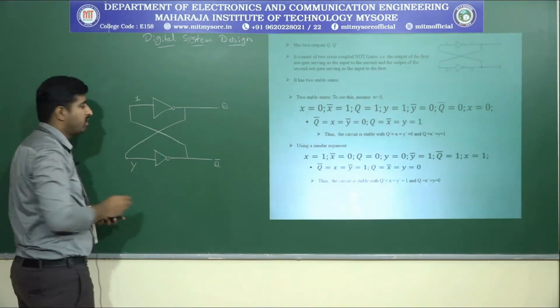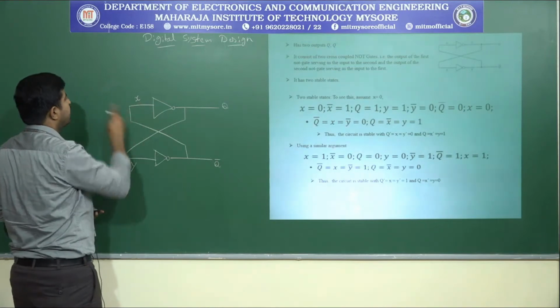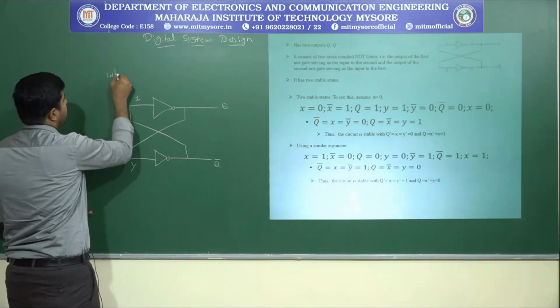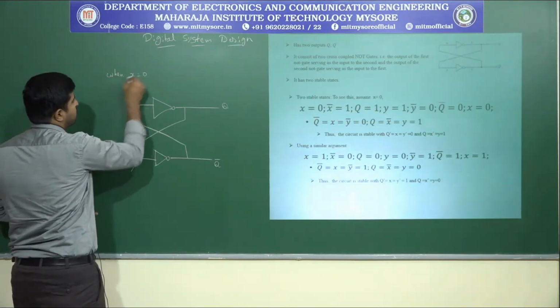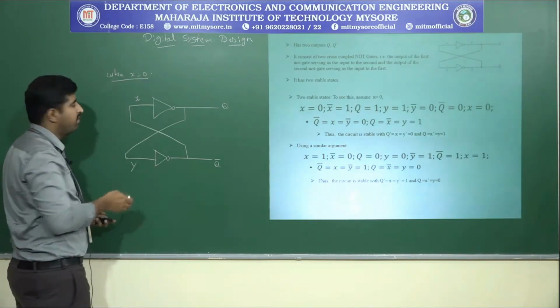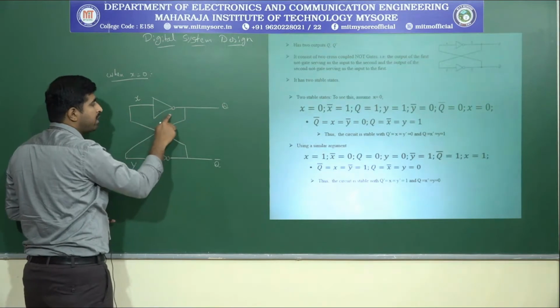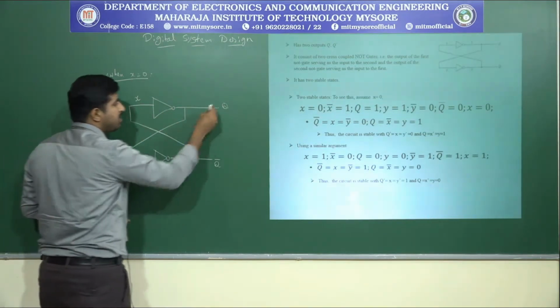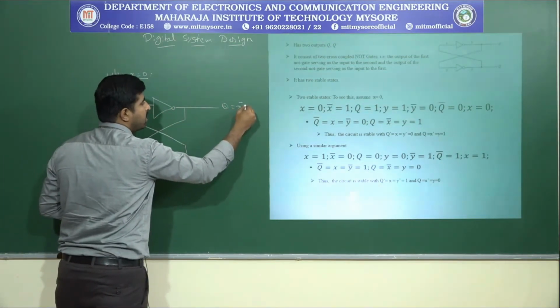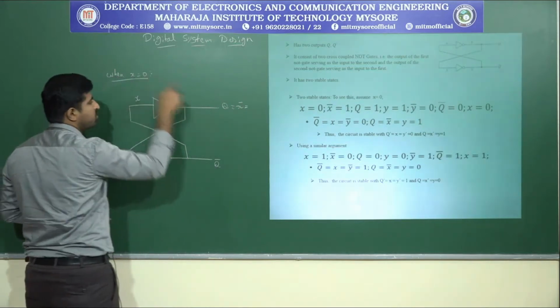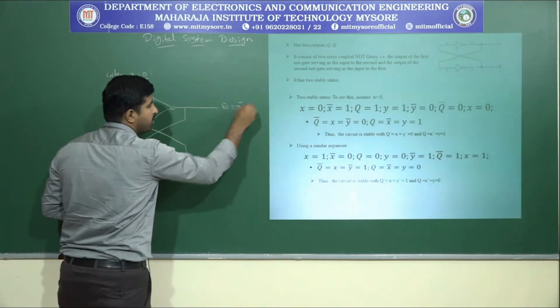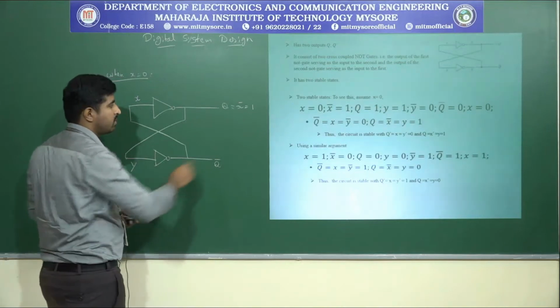Assuming that, now we are going to give X equals to 0. When X equals to 0, what will be Q? Q is the NOT operation of X, so Q equals X bar. That means if you give X equals to 0, Q will be 1.